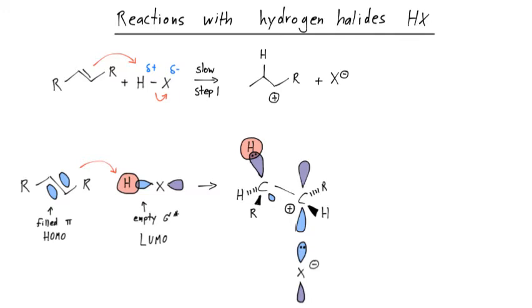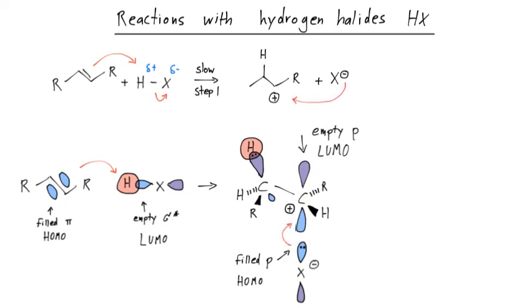So now the reaction actually continues, because that was only step one. The nucleophilic attack of the negatively charged halide is the next step. Here we have the involvement of the filled p orbital, that is the highest occupied molecular orbital in the next step, and we have now the empty p orbital of the carbocation, which is the lowest unoccupied molecular orbital.